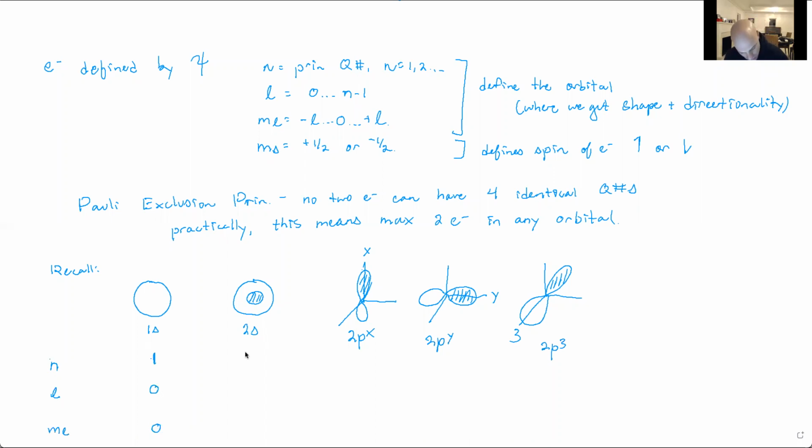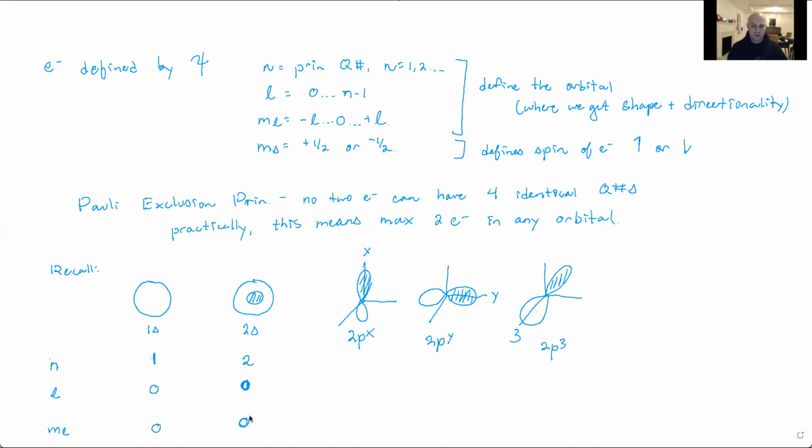In the 2s orbital, n equals 2, and L is now going to be equal to 1, and m sub L is going to be equal to 0. I'm sorry, I misspoke. L for the 2s orbital is 0. It's going to be 1 for the 2p. So L is 0, and that forces m sub L to be 0.